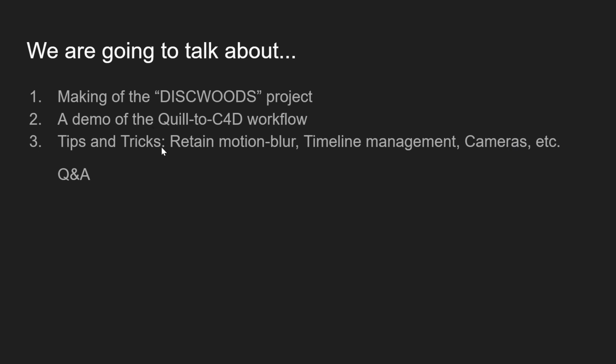And also the tips and tricks. Those are the more advanced things that I also discovered through the workflow, and I think it's so worth sharing, like retaining motion blur, timeline management, and also cameras, etc. Depending on how much time I have, I'm gonna keep talking about the tips and tricks. And also there's Q&A. Just ask me any questions if you have any. And now let's go to the demo.